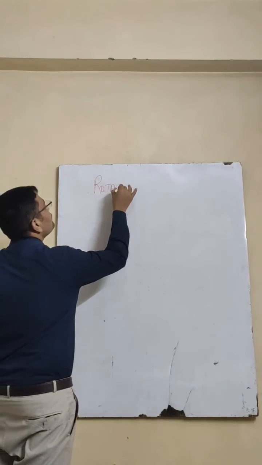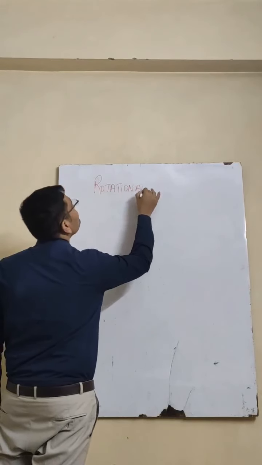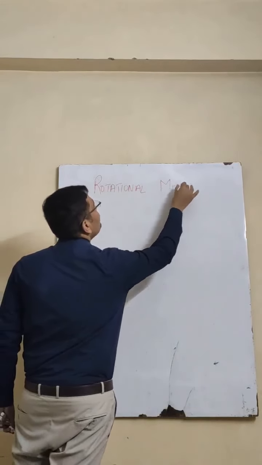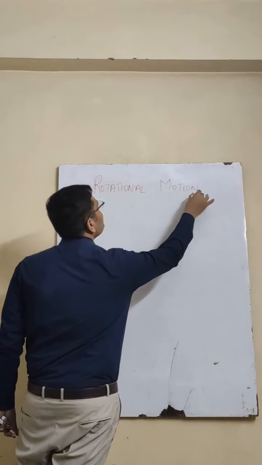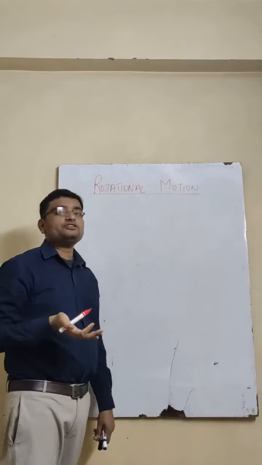Rotational motion. First of all, I will write the definition of rotational motion, then I will discuss it with the help of a diagram. What do you mean by rotational motion?